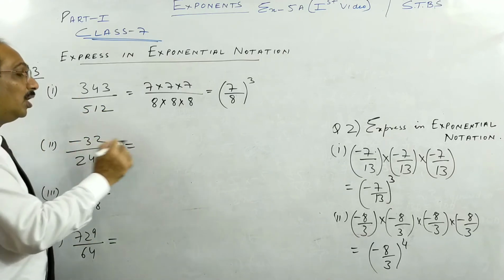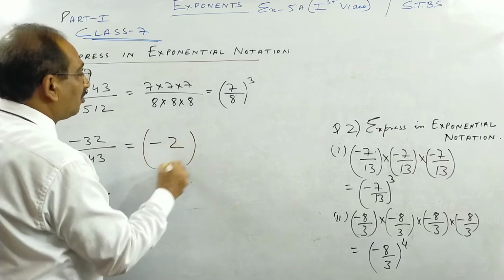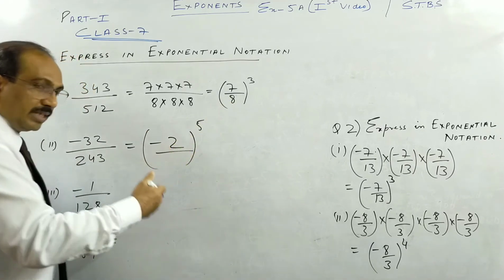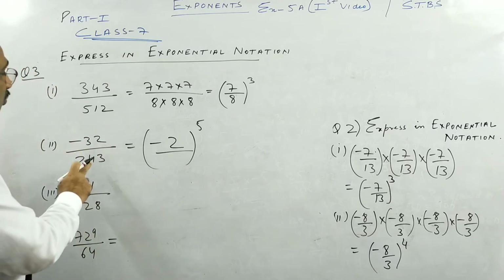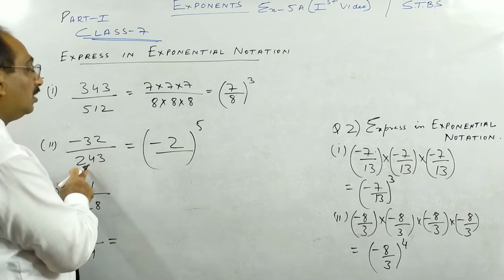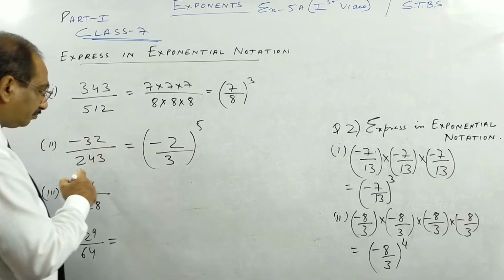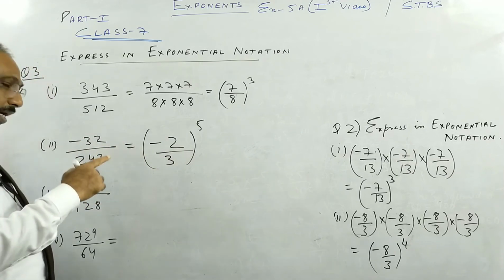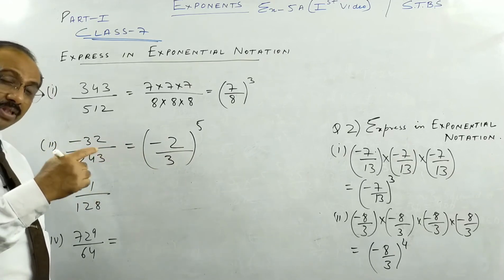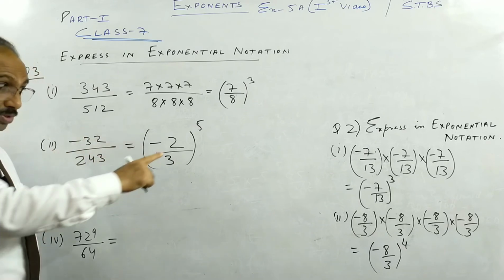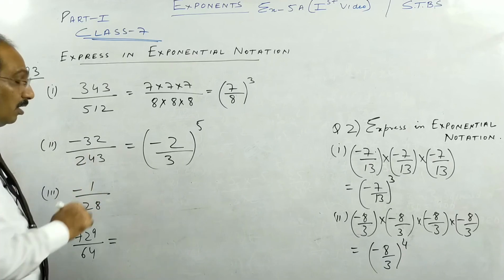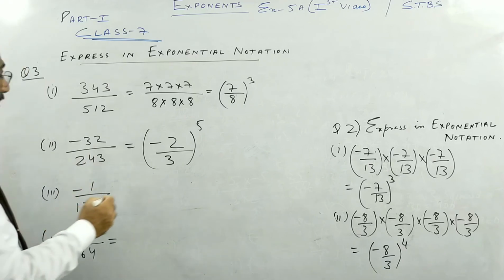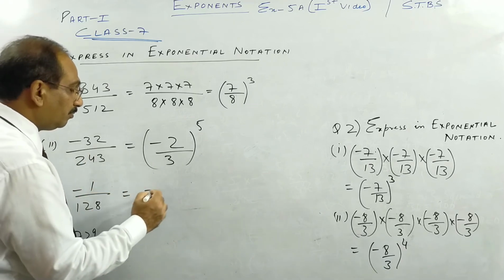Same way I told you, 32 is 2 to the power 5. So check my earlier part, 2 into 2 into 2 into 2 into 2, 5 times. So this, children, may be 3. 3 threes are 9, 3 nines are 27. 3 cubed is 27. So see, I wrote here, 3 to the power 4 is 81, 3 to the power 5 is 243. Now see, let the minus be there.